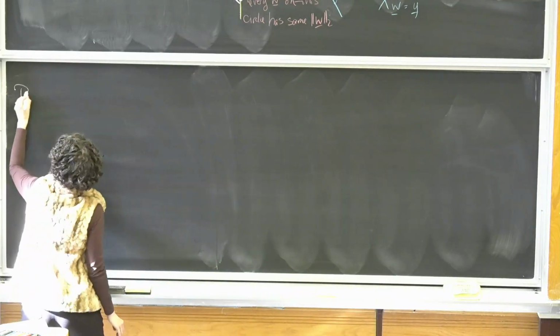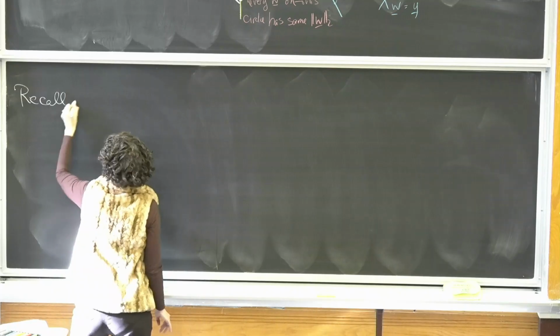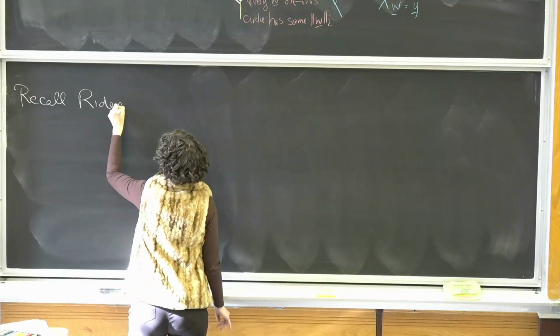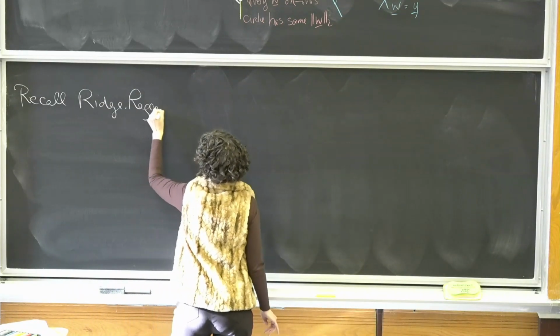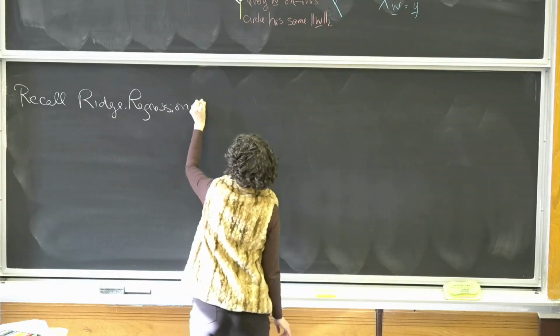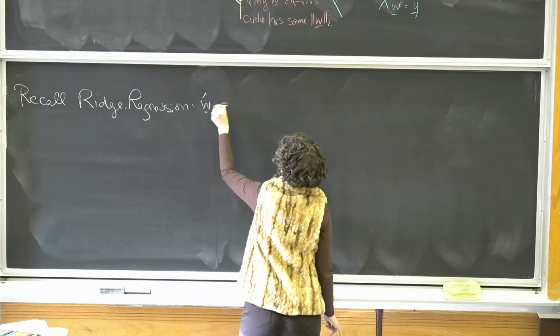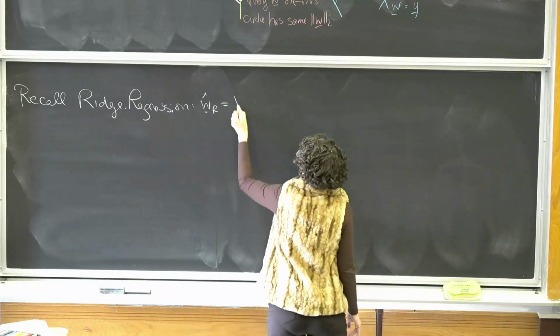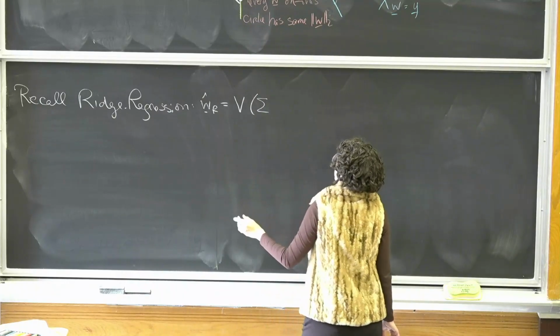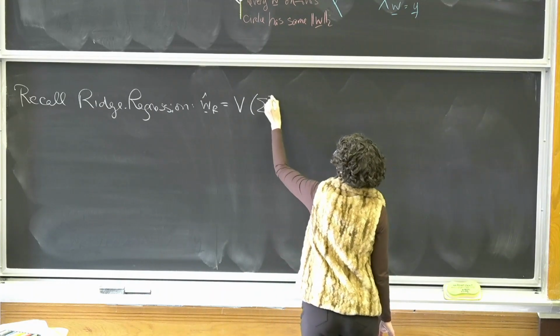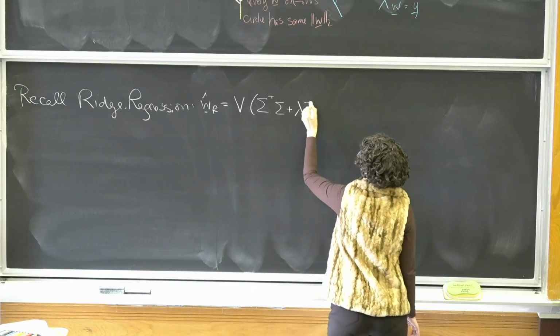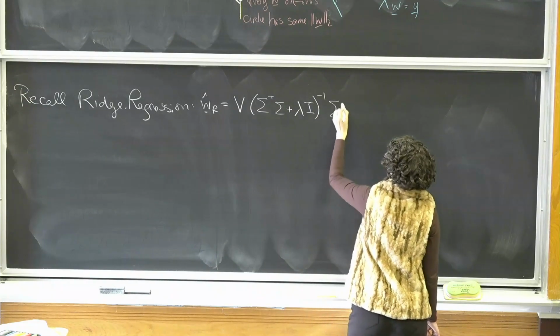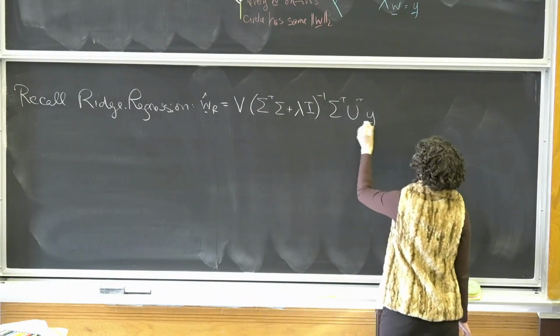So first, if we recall ridge regression, we said that our weight vector w hat r looked like V sigma transpose sigma plus lambda identity inverse sigma transpose U transpose y.